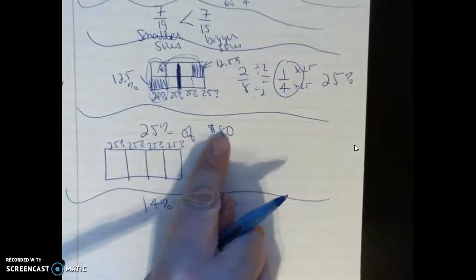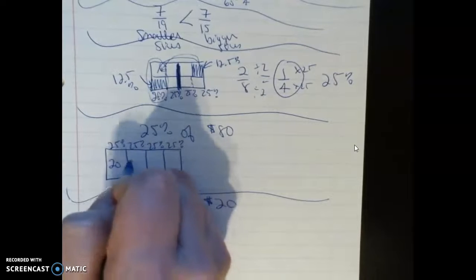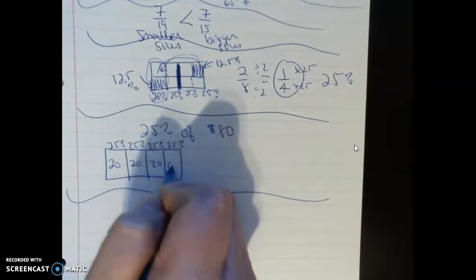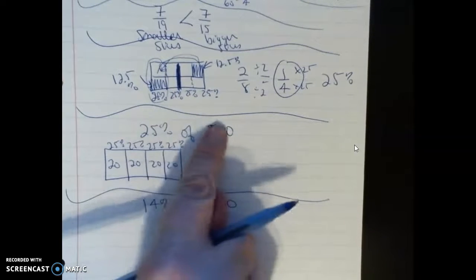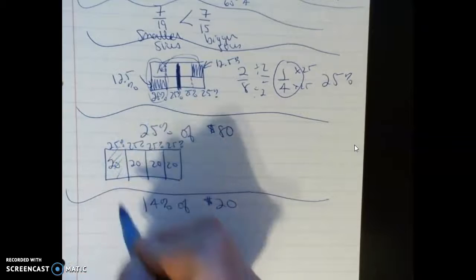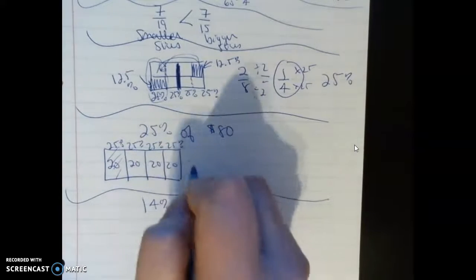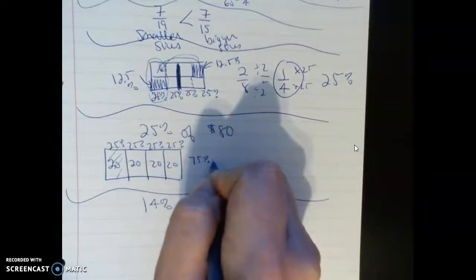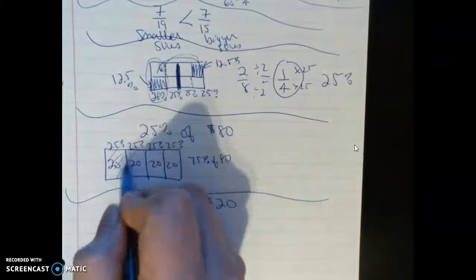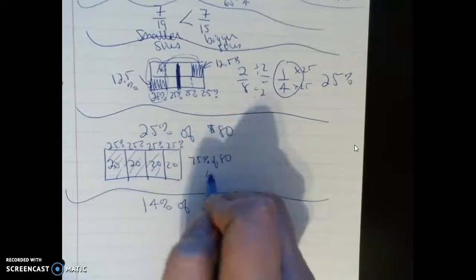If I divide 80 by 4, each strip is worth 20. So if I want 25% of this, I would just have one strip. If I wanted 75% of 80, I would need 3 strips, which would be an answer of 60.